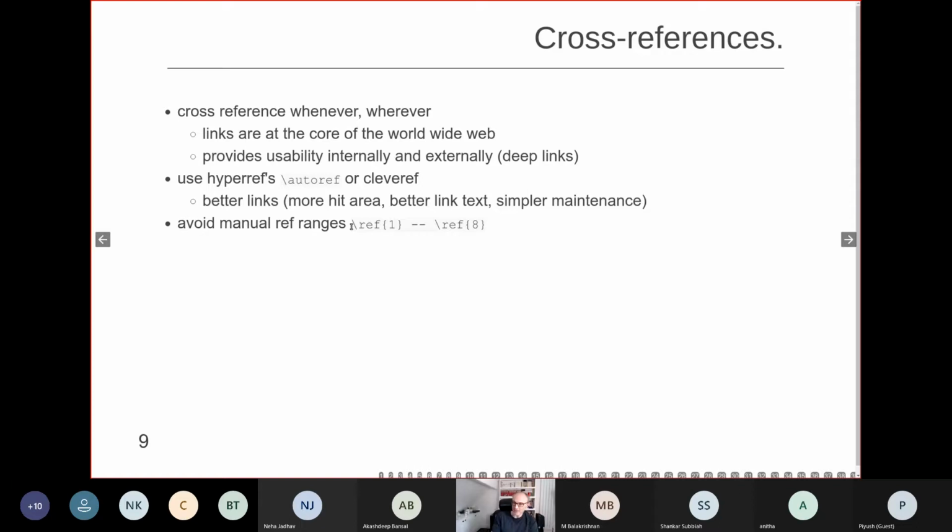So, for instance, never reference a range of elements. So, oh, reference 1 to 8. While that looks good on paper, that comes out really, really poorly when you actually want to be able to go to these references physically. It already comes out badly if you're just sitting in a PDF document and want to go to the other page. But if you're on a web document, that's even worse.